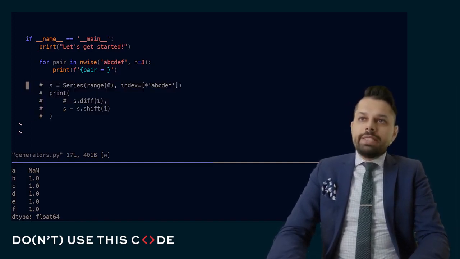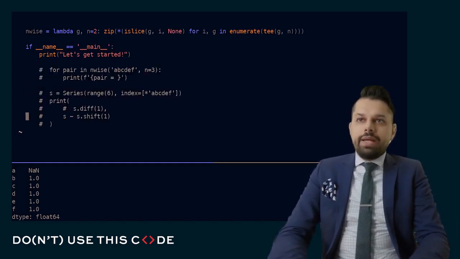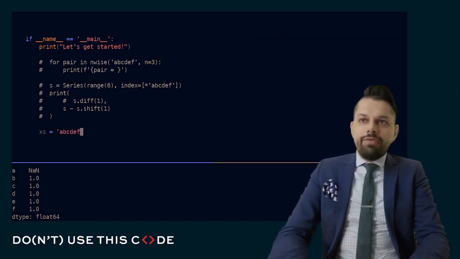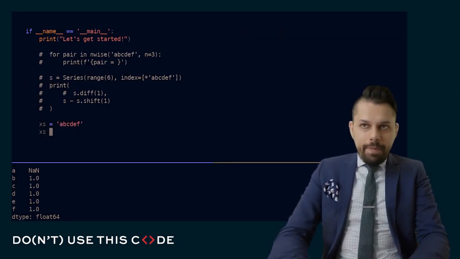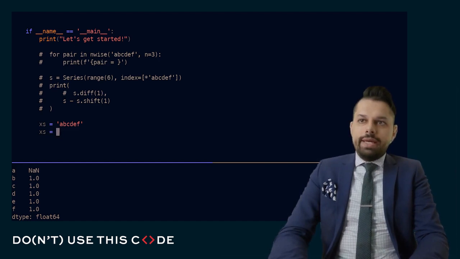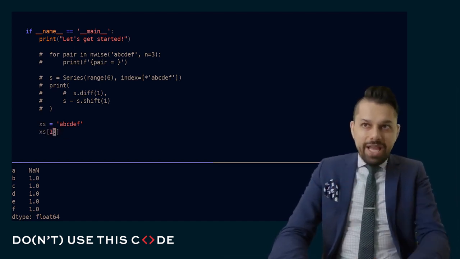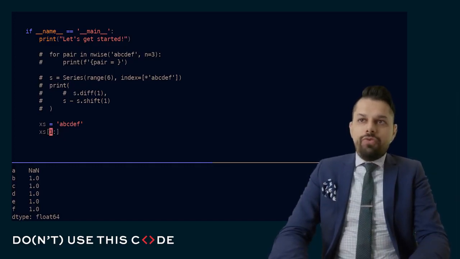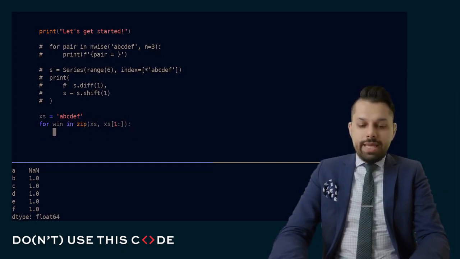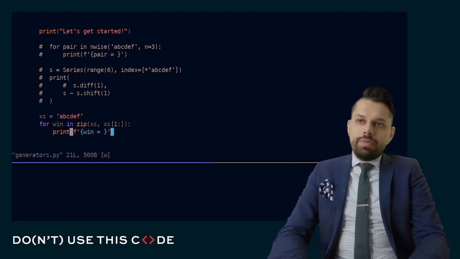What you may realize is if you have some data, and the data looks like these letters, A, B, C, D, E, and F, and you shift this thing by slicing it. You say, take xs and cut off the very beginning. And you match them up by zipping that: for window in zip(xs, xs sliced with its head sliced off), and you print out these windows, you get matched up paired windows.